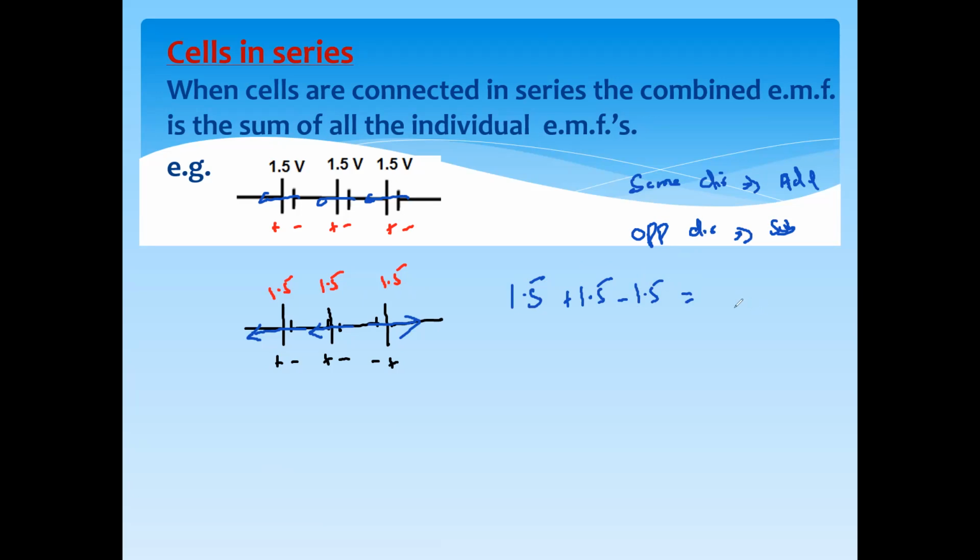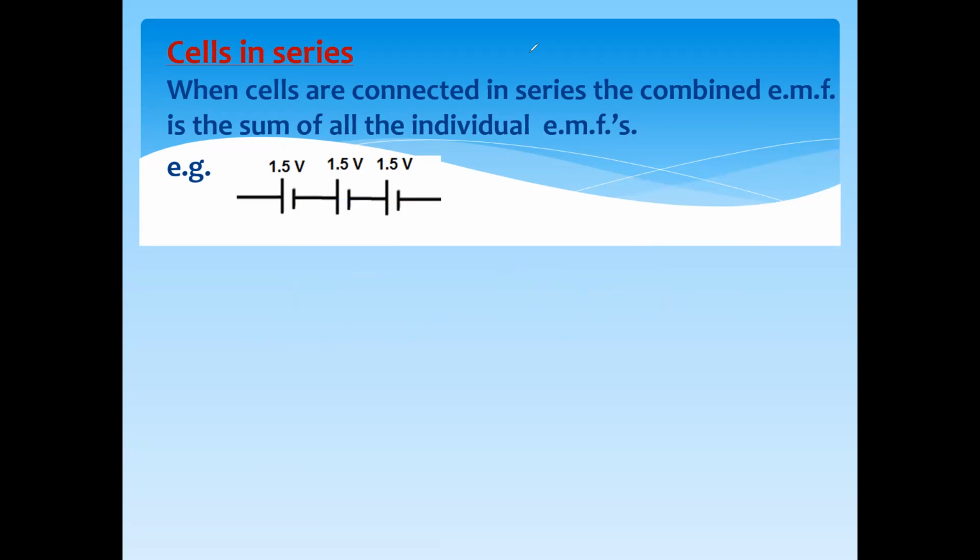The combined EMF is equal to 1.5 volts, because these two, plus 1.5 and minus 1.5, cancel, so we are left with only 1.5. So this is how we work out, when cells are connected in series, one cell connected to the other, we can work out their combined voltage.